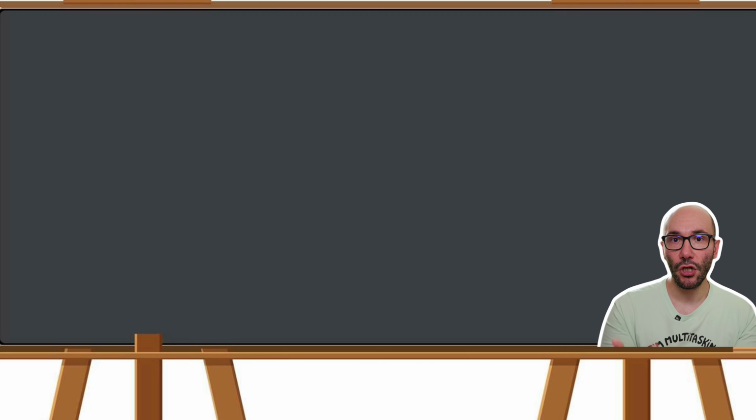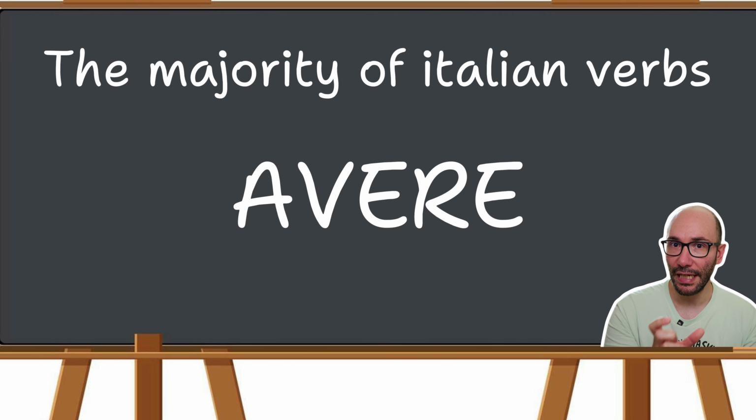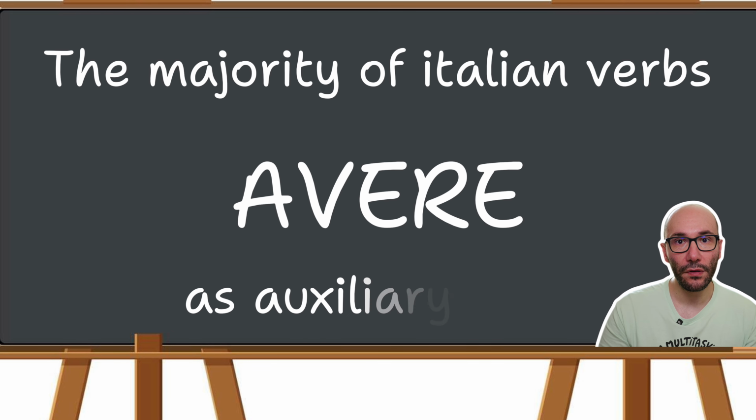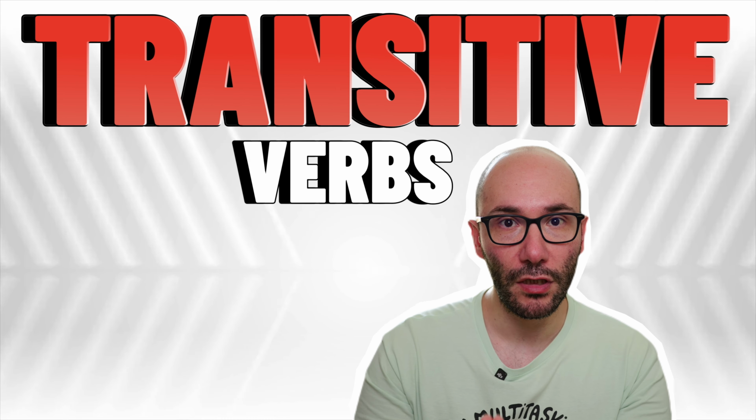As a general rule, the majority of Italian verbs want the verb avere, to have, as auxiliary verb to form compound tenses, especially transitive verbs.